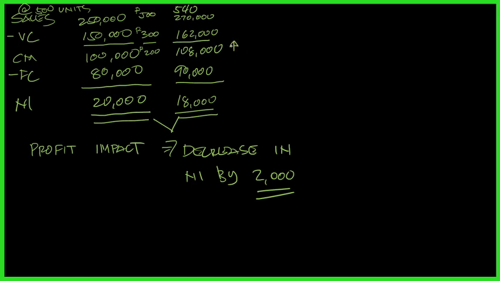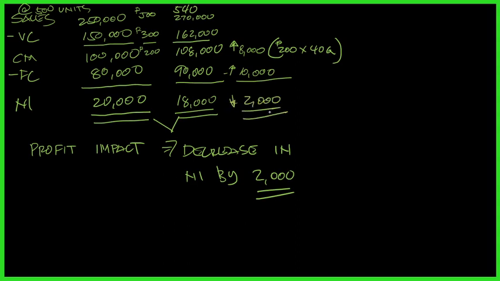Compare that with the increase in fixed cost, which is 10,000. You will now have a decrease of 2,000 pesos. That's an example when your fixed cost was changed.